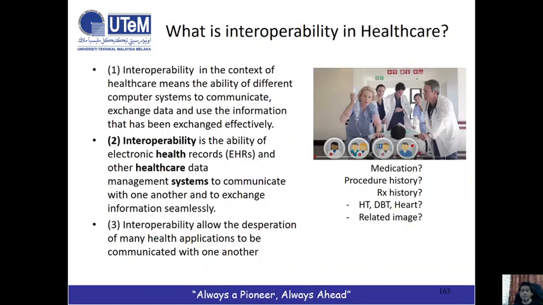The answer is because there are many departments or services in the hospital that may use different systems, different technology, different standards, yeah, different protocols. Okay, that's why interoperability is important.